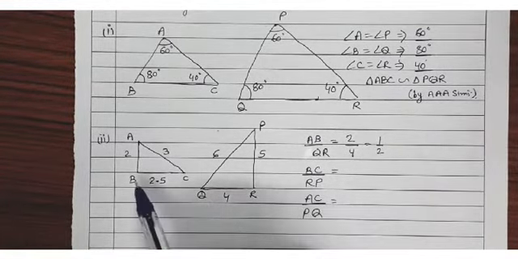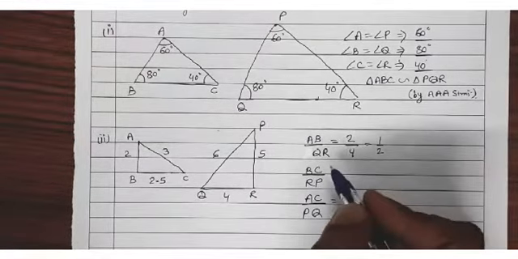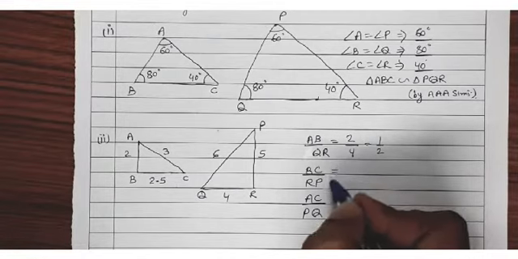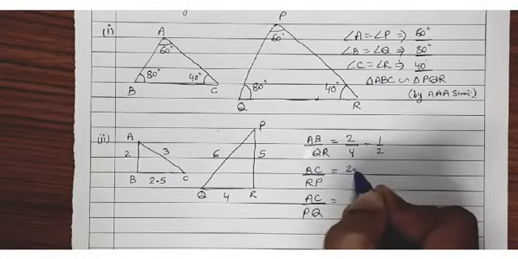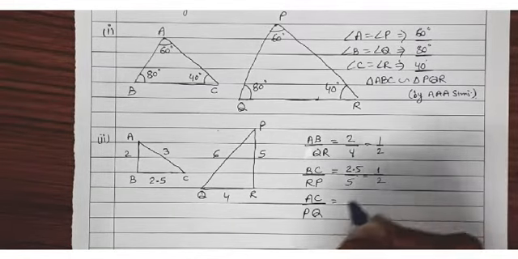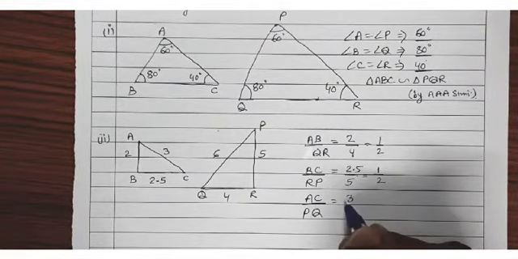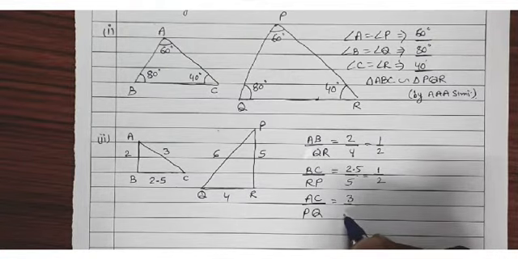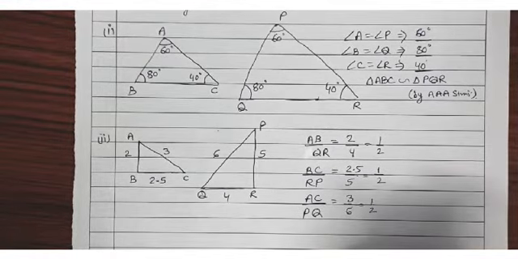Then BC is 2.5 and RP is 5, again 1 by 2. Then AC is 3 and PQ is 6, this is 1 by 2.